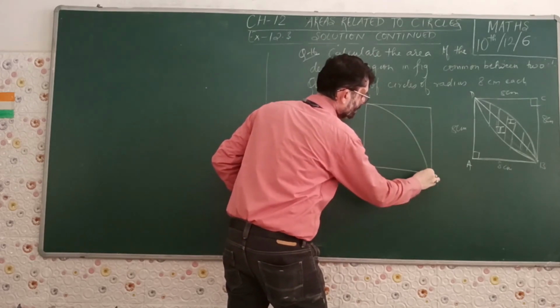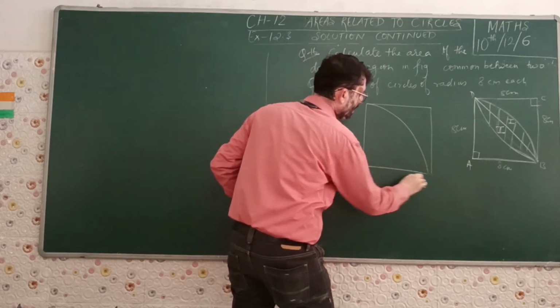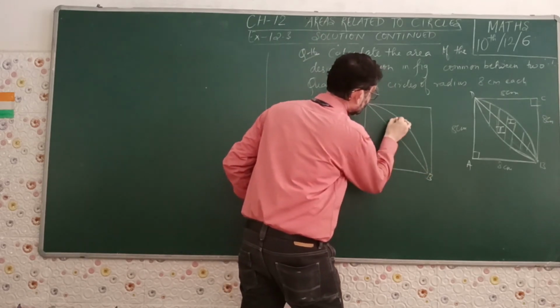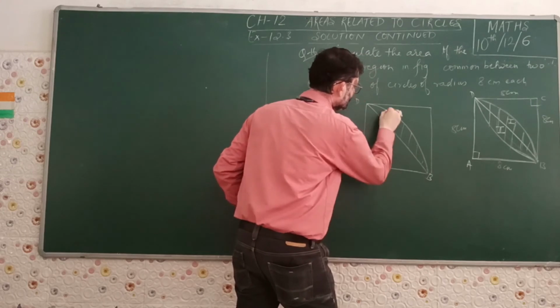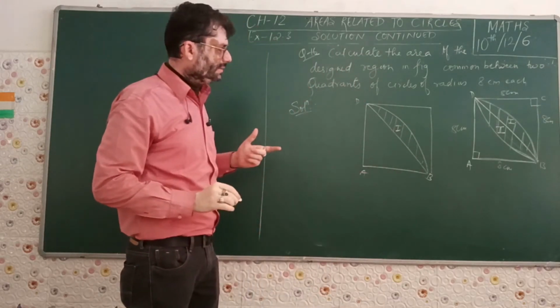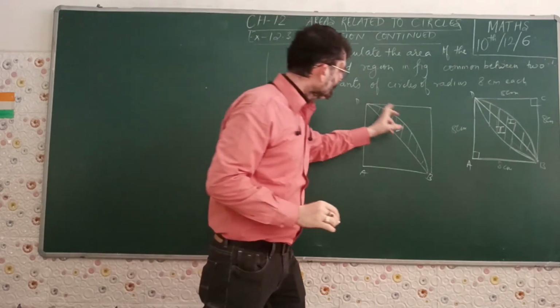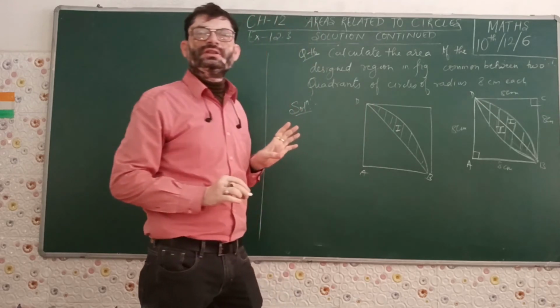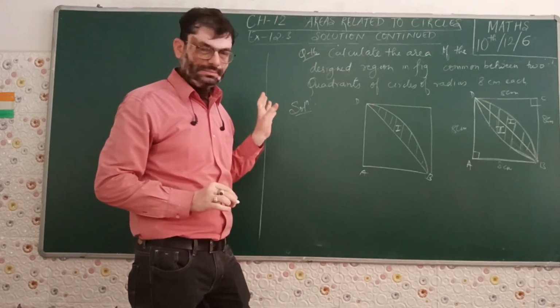Suppose we are considering only this quadrant, and we need to find this same part 1. How can we calculate it? The simplest way: the area of the quadrant minus the area of the triangle will give me the area of the shaded region part 1.